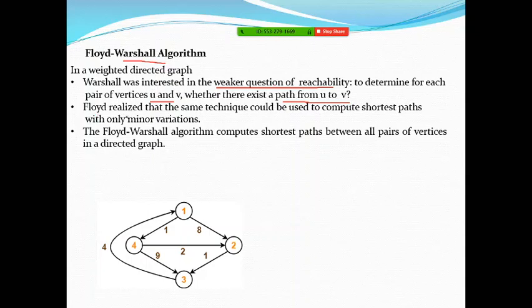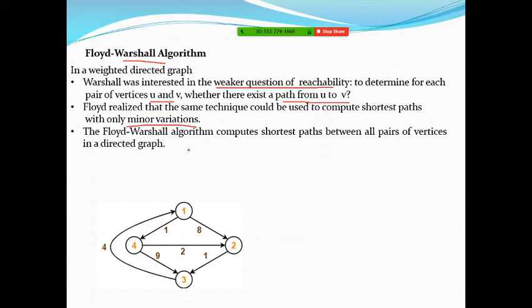And then Floyd modified this Warshall algorithm. He realized that with some modifications, we can even compute the shortest path between two vertices. We have solved one algorithm to find the shortest distance between two vertices.